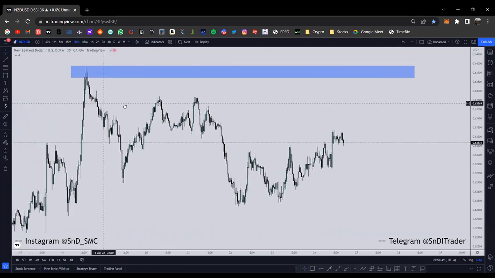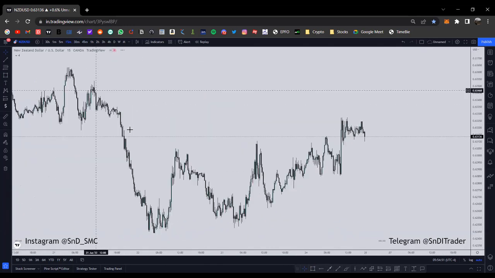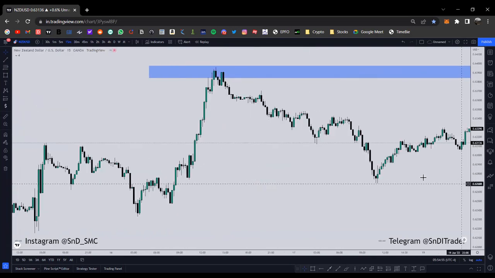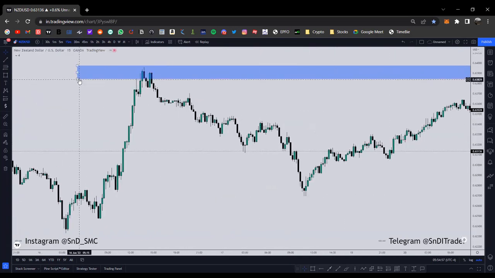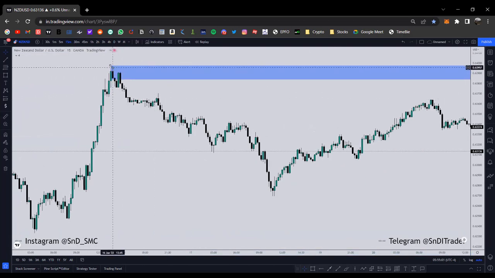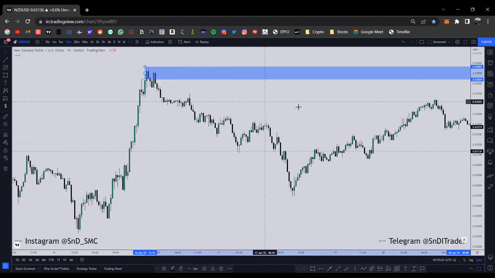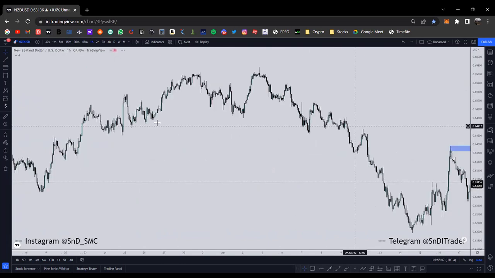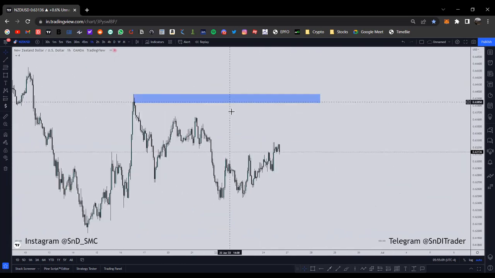Now you might find out some sort of candle in here. So now we have a candle right here. This can be a good point of entry for us for sells. Okay, so that is how we will consider the wick as a point of interest.